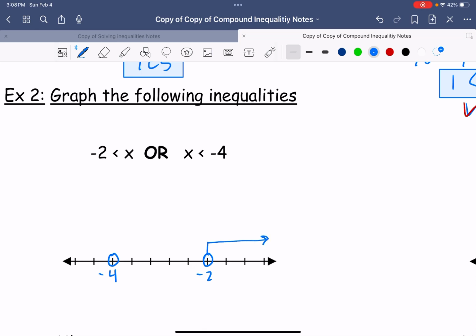And x is less than negative 4, so I have to go this direction. I'm just graphing them. What this is saying is that x can be either this or this.